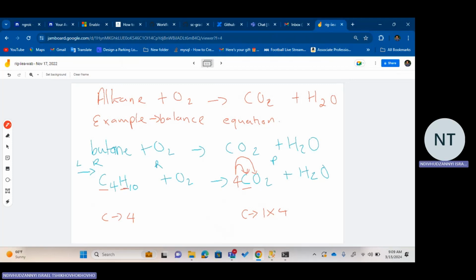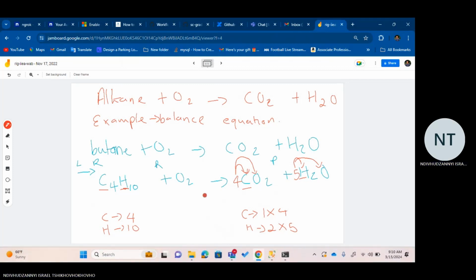Let's check the next element. You see that we have H and it has 10. But if you look on the right, in our product, we have 2. For us to make it 10, we have to multiply by 5. Remember, it doesn't only multiply here, it also multiplies the other element. Then lastly, it's oxygen. On your reactants, you only have 2.